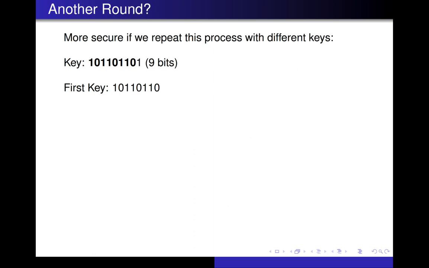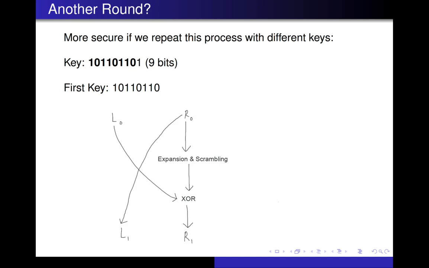Our first key is 10110110, an 8-bit key. Then we go through the exact same process that I just described, going from L0 and R0 to L1 and R1, which comes out at the end of this process.